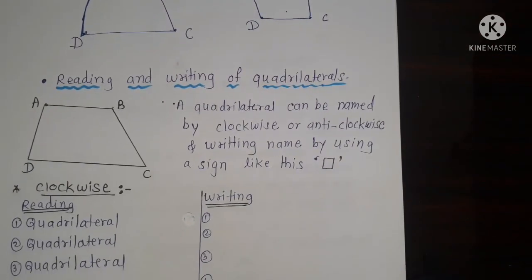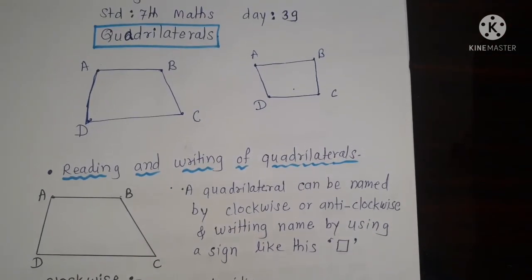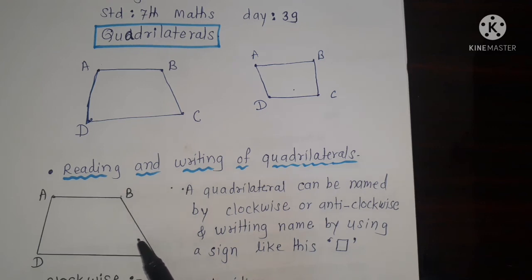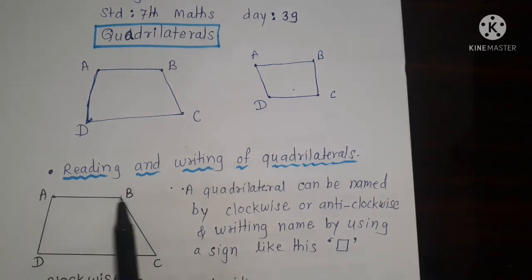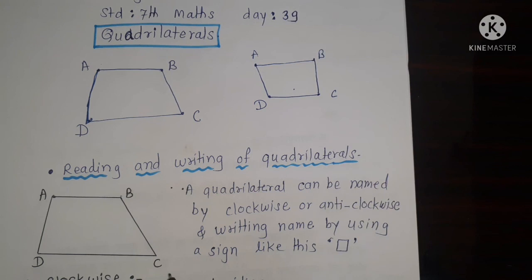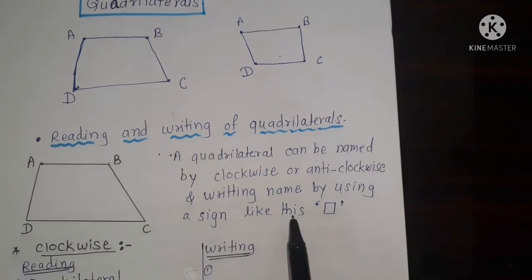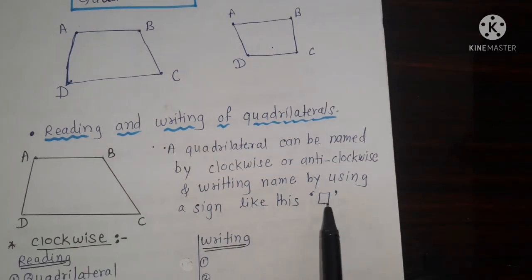Reading and writing of quadrilaterals. A quadrilateral can be named clockwise or anti-clockwise, and when we write the name, we use this sign.